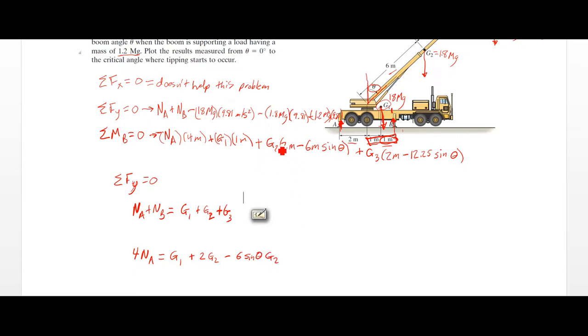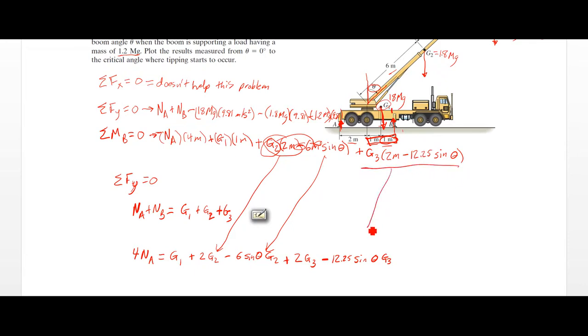So I expanded this out, so there's my 2G2 that came down to here, and then I have my G2 times my 6 meter sine theta here, which came there, and the negative sign came through there. And then we'll have plus 2G3 minus 12.25 sine theta G3. So that's the expansion of this term over here coming down into these two terms.